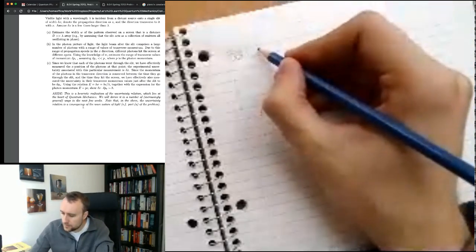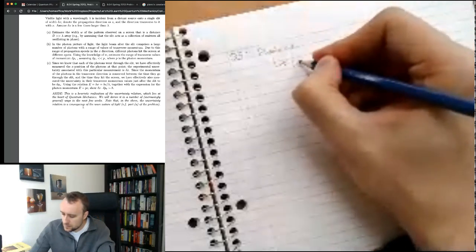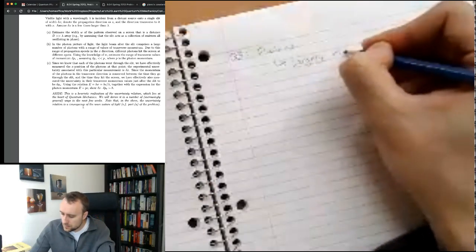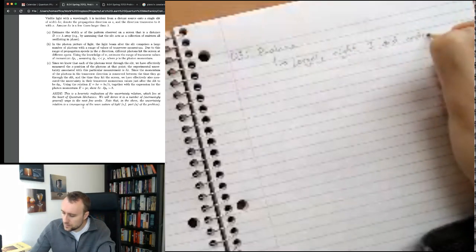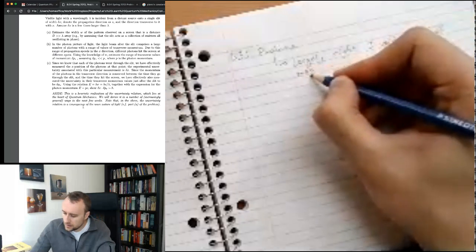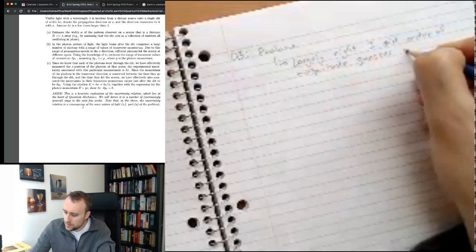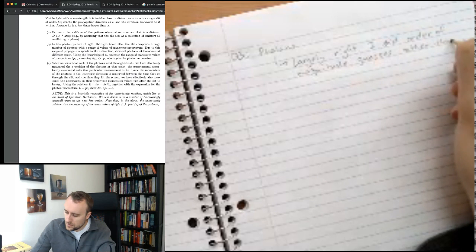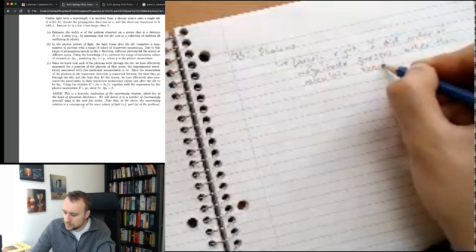What was this? Wave photons. Order of magnitude guesses rather than calculate exactly. So that's something to watch out for. And then 4 was, okay, 4.